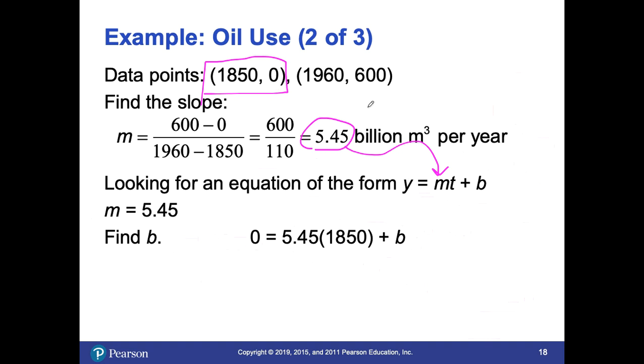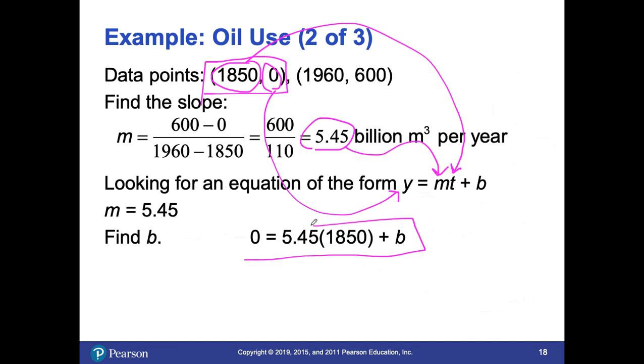So what you simply do is you replace M with 5.45, which I did, and you replace the time, 1850. So watch where that goes. That's going to go here. And also our 0, that's our dependent variable, is going to go here. So I'm just going to plug in these values into that function to give me this.